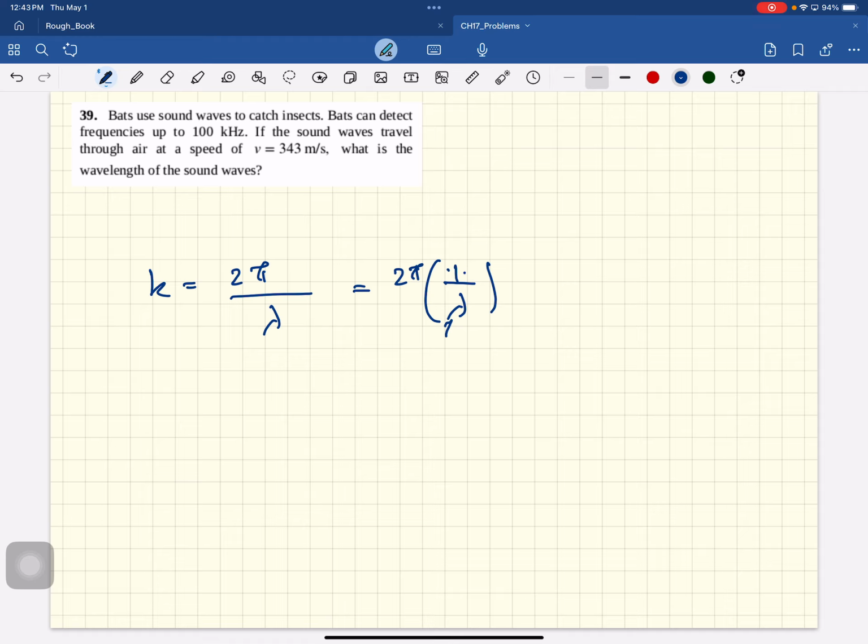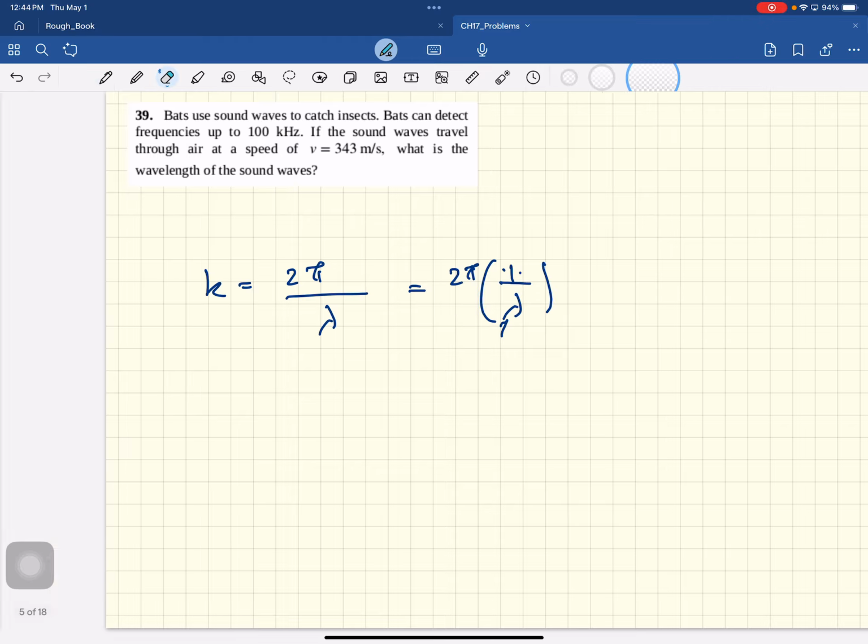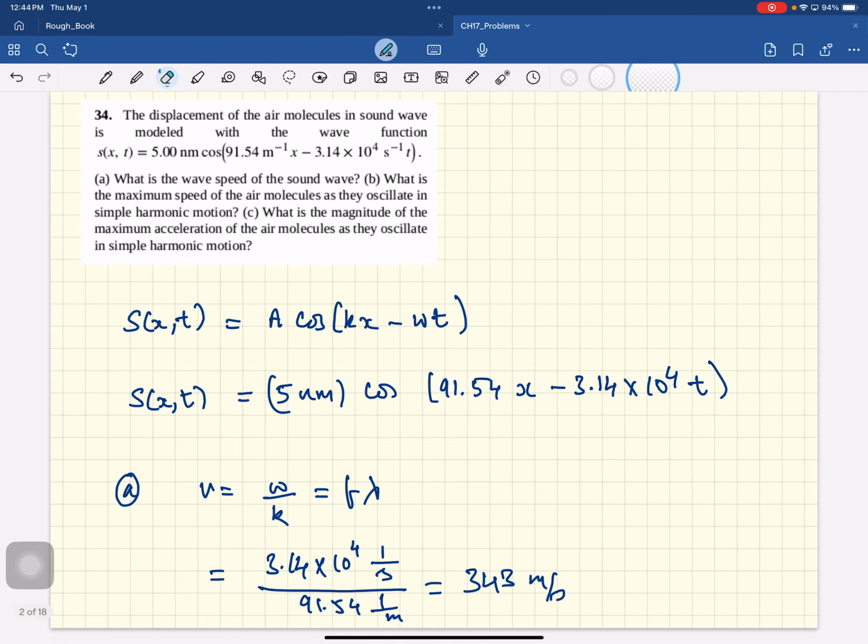So why would they give us 91.54 as our wave number for this example, if it could vary depending on where you take your measurement? Well, this is a sound wave, and, oh, I'm sorry, I misunderstood. So 91.54 is not the size of the wave itself, it's the repetitions, the inverse of the size of the wave.